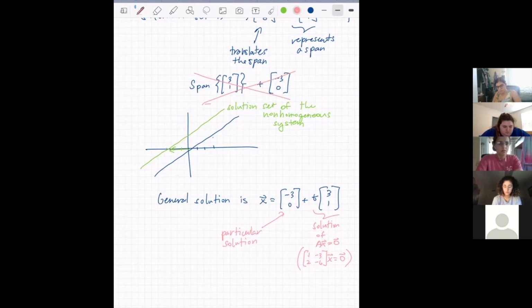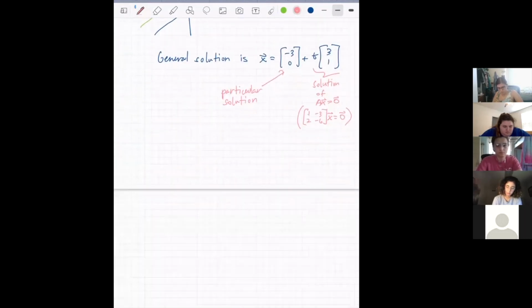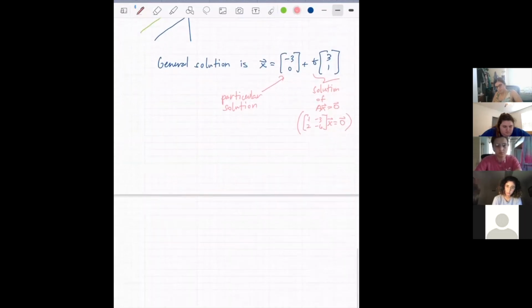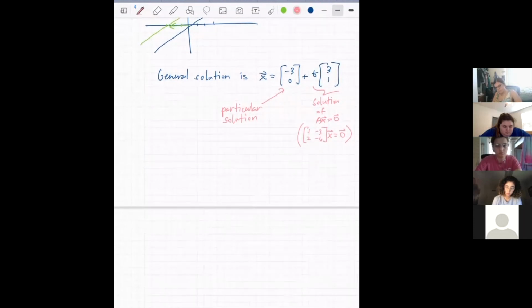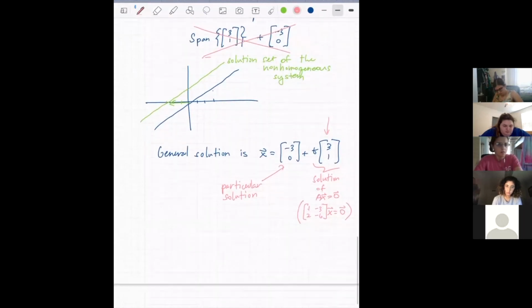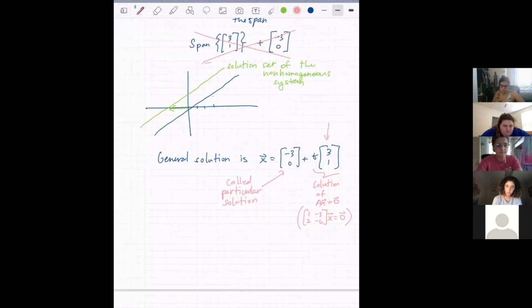Okay, and I'll write this out for the general case, but this is just in terms of this example. We have the particular solution and then we have this homogeneous solution. So I should write this. This is called the particular solution. This is called the homogeneous.